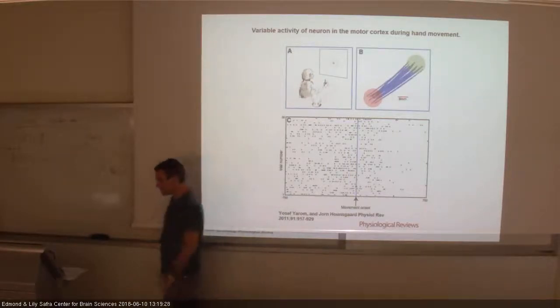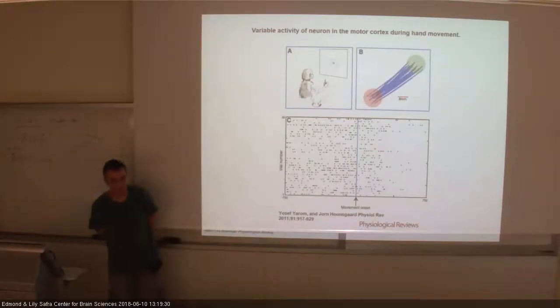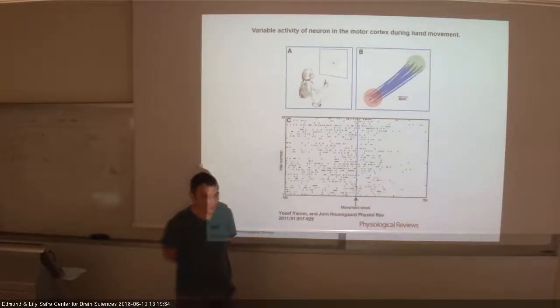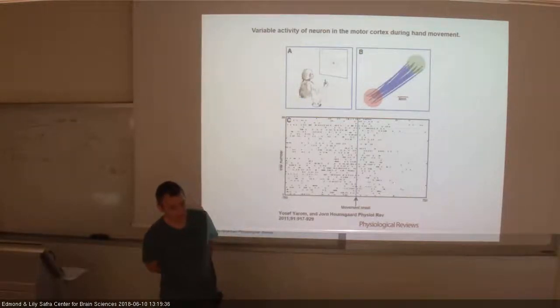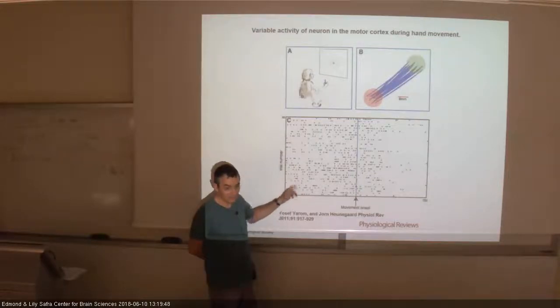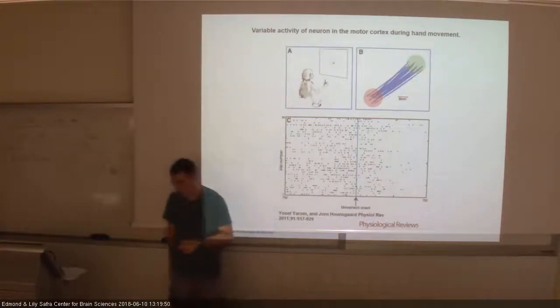Now we can address this question in two ways. We can address it theoretically and ask, is it likely, what are the stochastic elements in the neuron, and can these stochastic elements underlie this behavior? This is one way that we can address it.